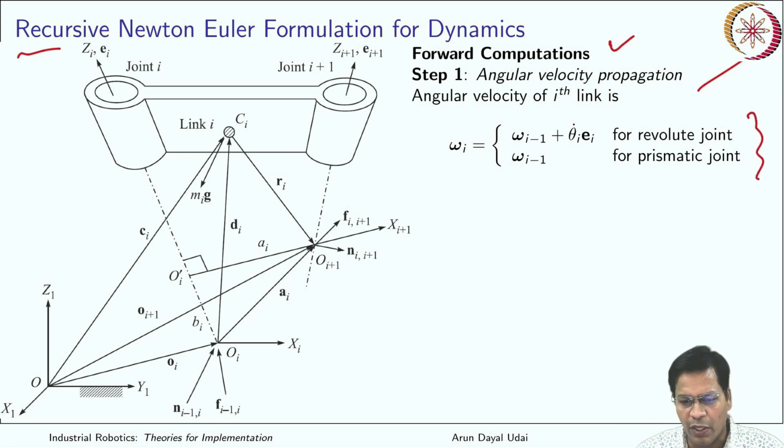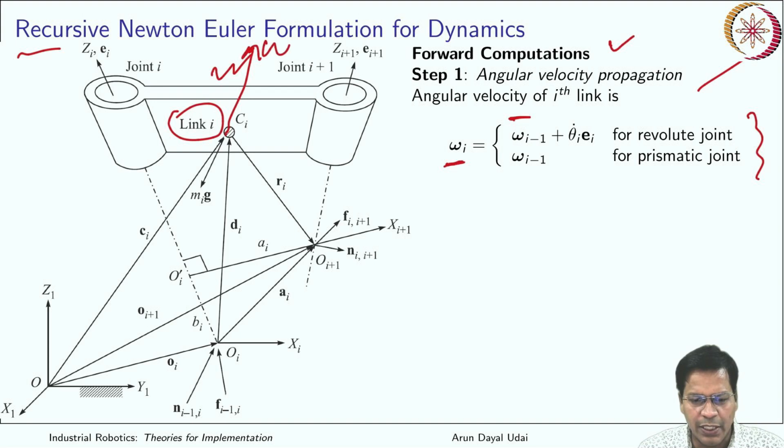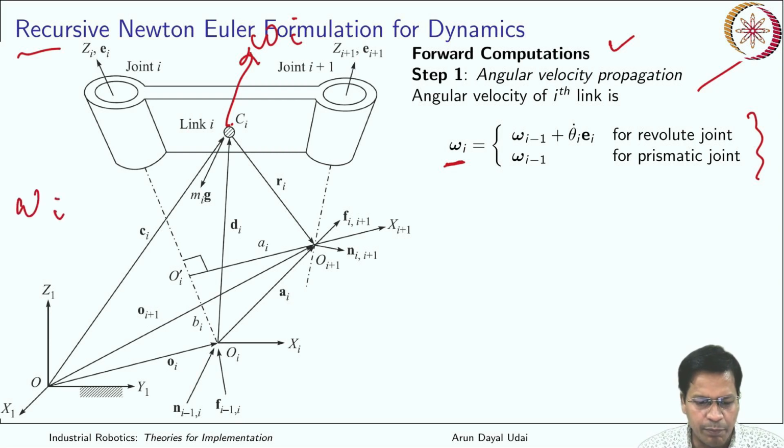So yes, the angular velocity omega_i for any link is given by omega_{i-1}. So this is your link, that is the ith link. So the angular velocity of this link, omega_i, let me just clean it up. Okay, the angular velocity of this should be the angular velocity which is imparted by the previous link, because this link is mounted on top of the previous link.